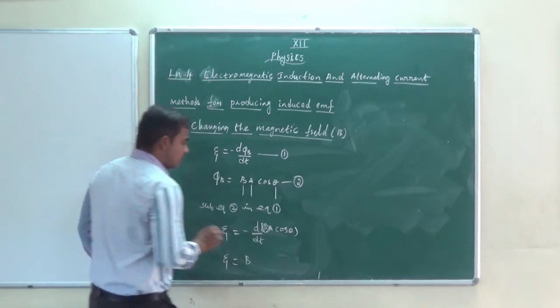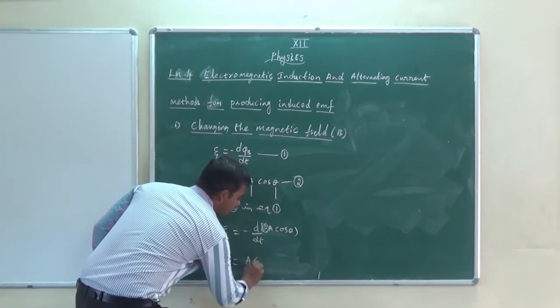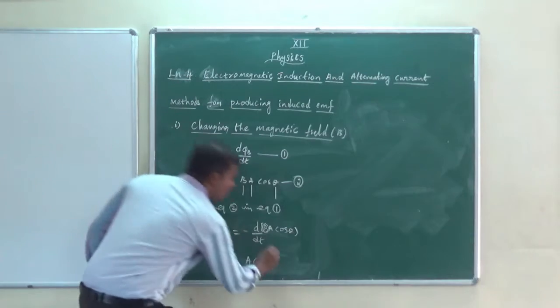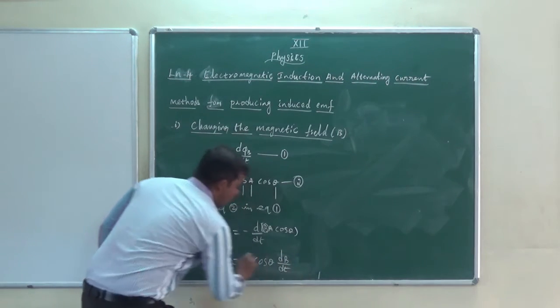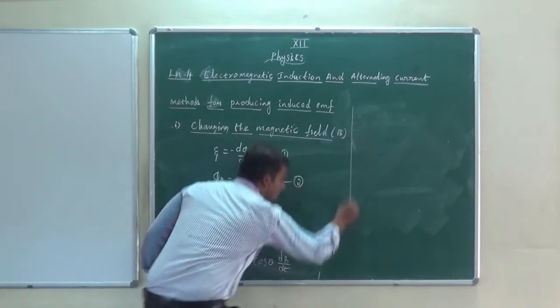Area of the coil and orientation of the coil are constant. Which one is to be changed? Magnetic induction, dB by dt. What is the meaning of dB by dt?